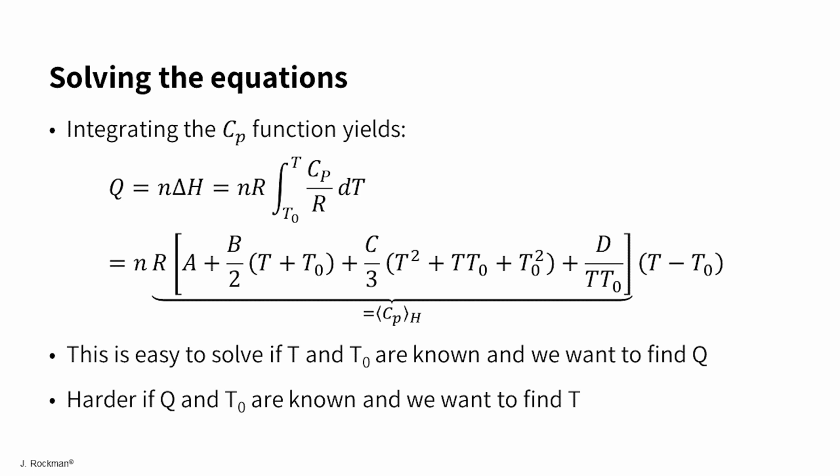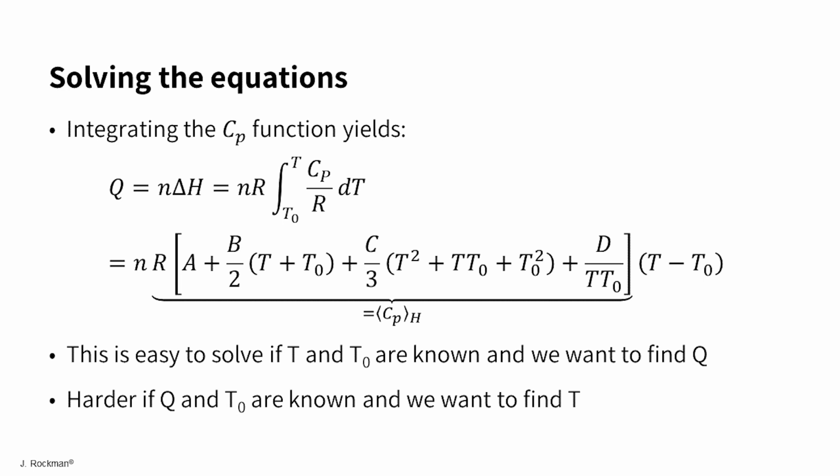And the expression in the parentheses multiplied by R is known as the average enthalpy-based specific heat. This is easy to solve if T0 and T are known and we want to calculate the enthalpy change delta H or Q. However, it's a little harder to solve if Q and T0 are provided and we're trying to find the value of T.